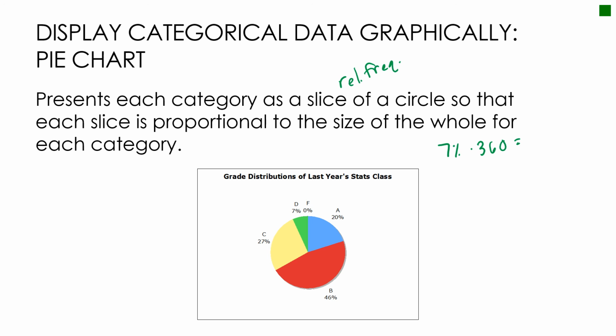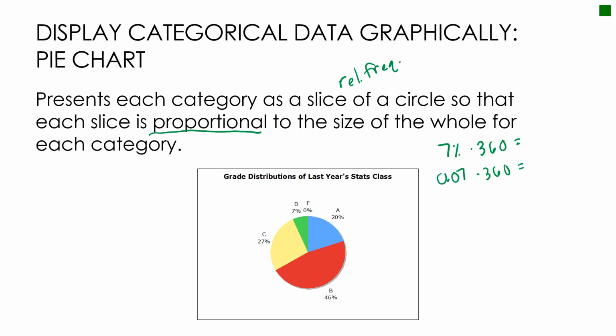Now we're not going to make any by hand, but I just wanted to point out that I would take my 0.07 times 360 if you wanted to do one by hand to find the number of degrees in that circle. But really what I want you to understand about a pie chart is that it is going to make a proportional slice for each category.